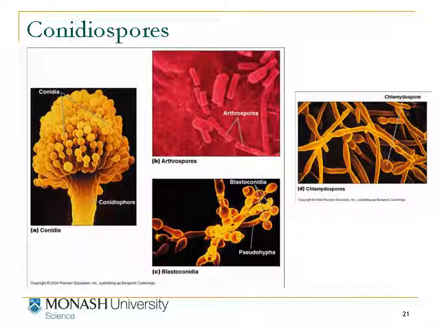At the bottom, C, Blastoconidia formed by yeast, certain types of yeast, and D, Chlamydospores on the ends of hyphae-like structures.